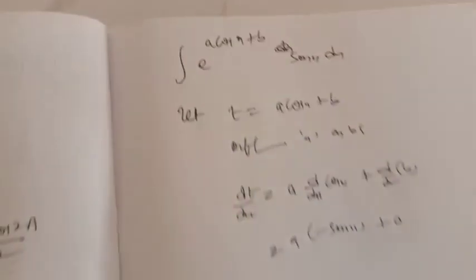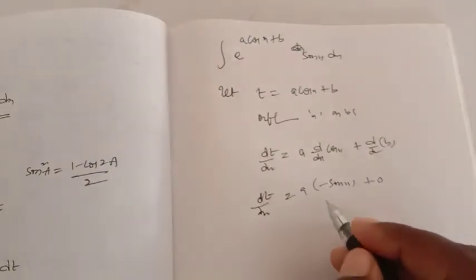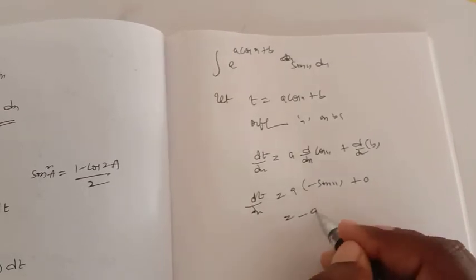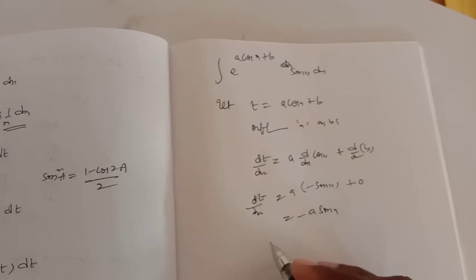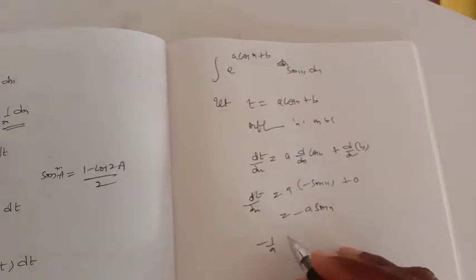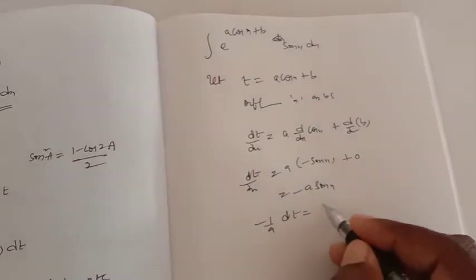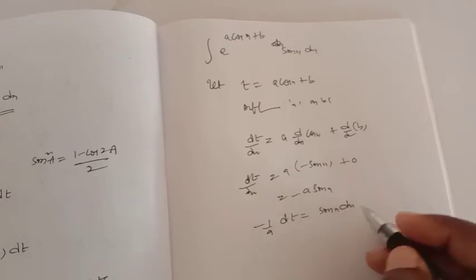So dt by dx equals minus a sin x. Therefore, on cross multiplication we get minus 1 by a into dt equal to sin x into dx.